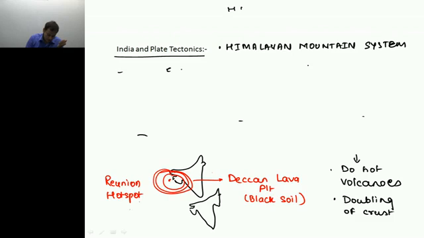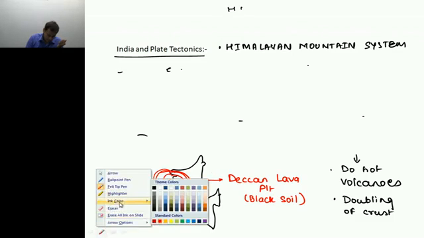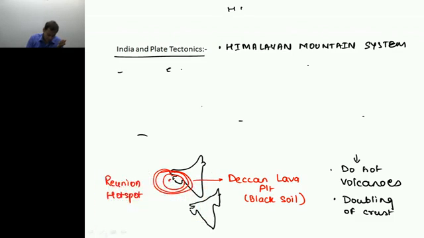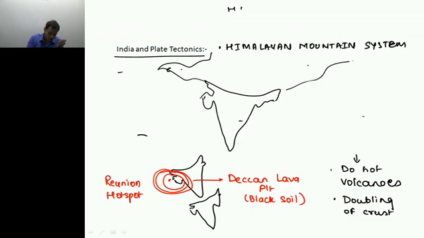And then further it went and collided with the Eurasian plate, resulting in the formation of the Himalayan mountain system in this region.